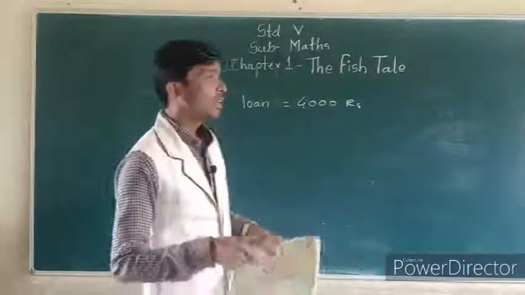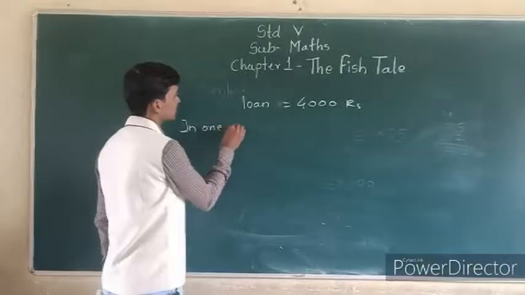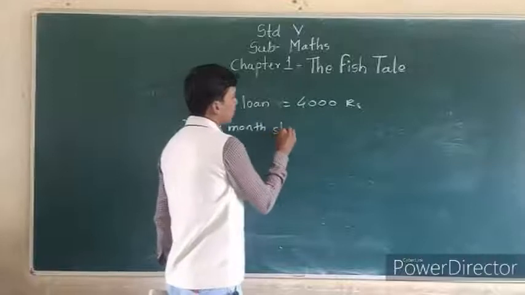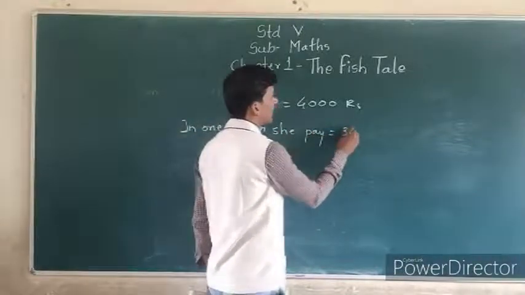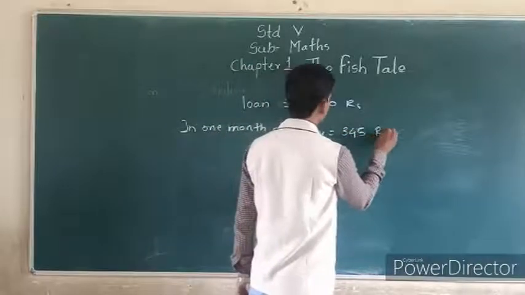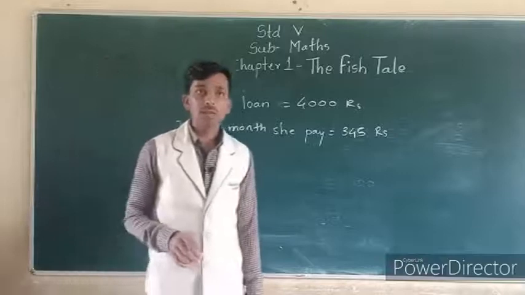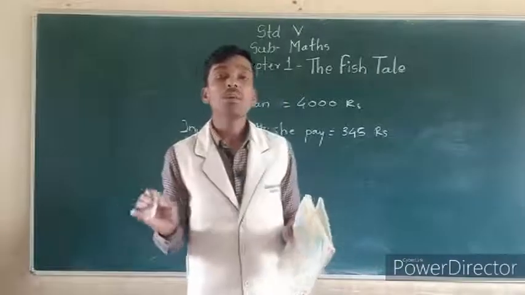Okay, see, in 1 month she paid 345 rupees. In 1 month she can pay 345 rupees, and this installment she can pay for whole year.